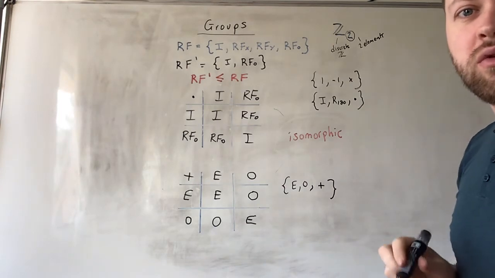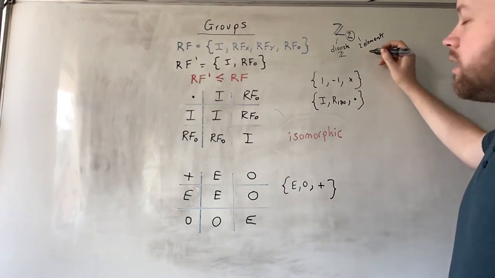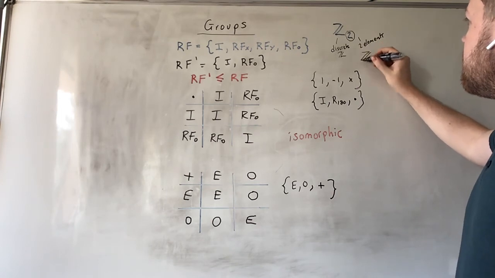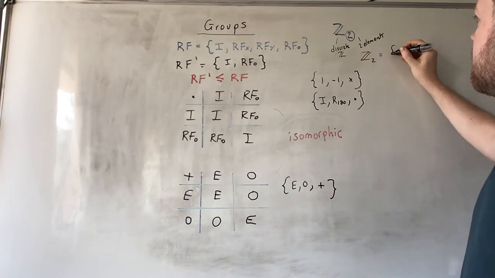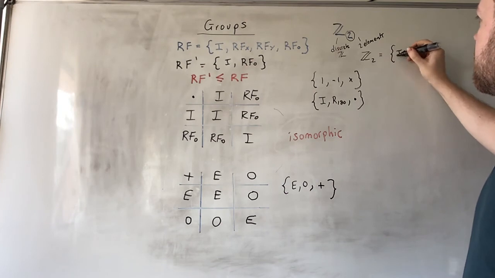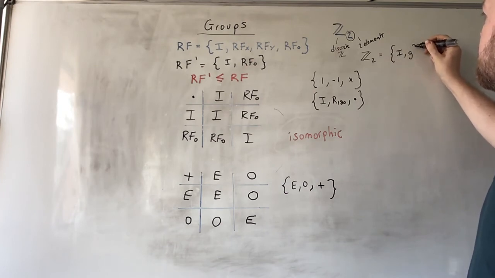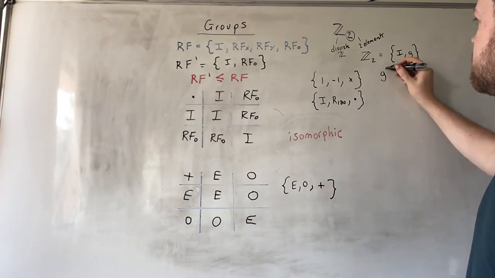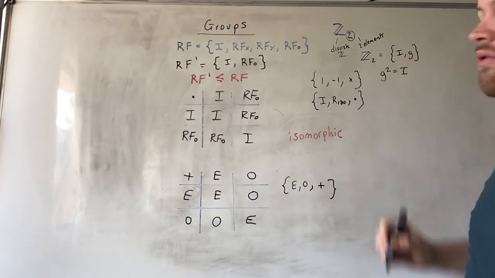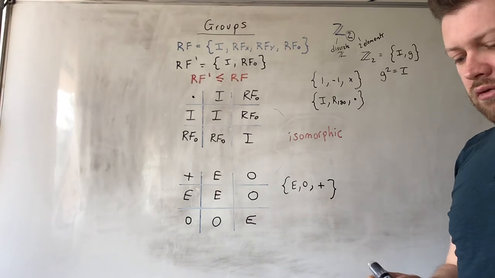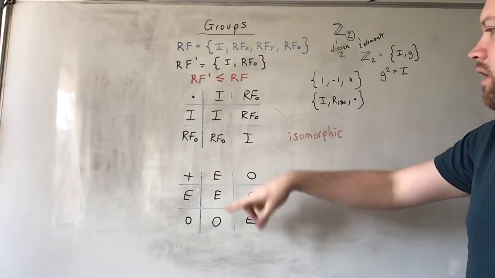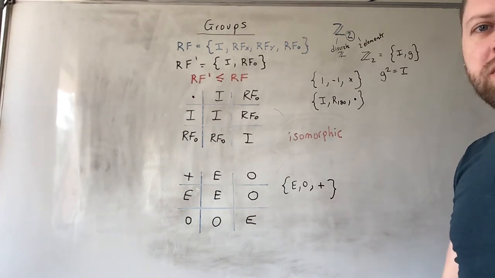So this is the group Z2, and they normally write this group as Z2 is I, G, with the extra condition that G squared, of course, must give you back I. G just stands for any element that isn't the identity element in Z2.